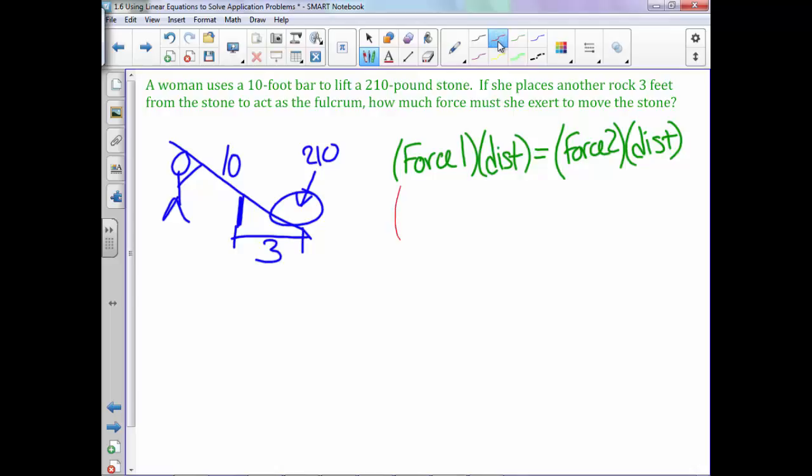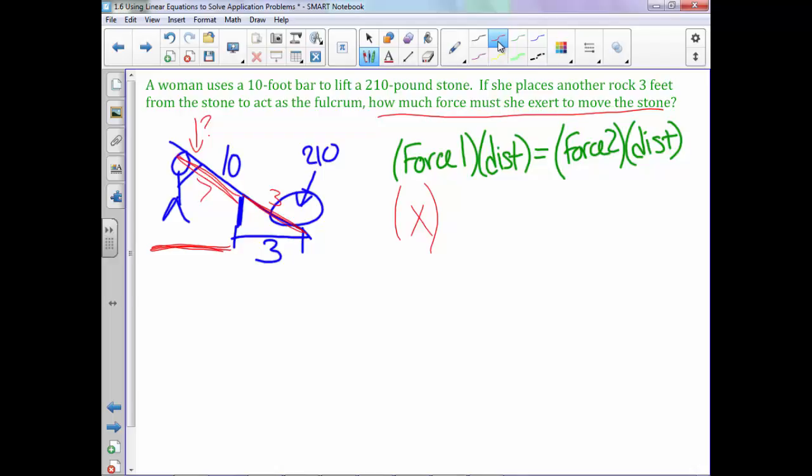If we look first over here, we are asking how much force she's got to use. So we don't know how much this force is going to be. So that's our variable. We do know if the whole thing is 10, and this is 3, this part's got to be 7.